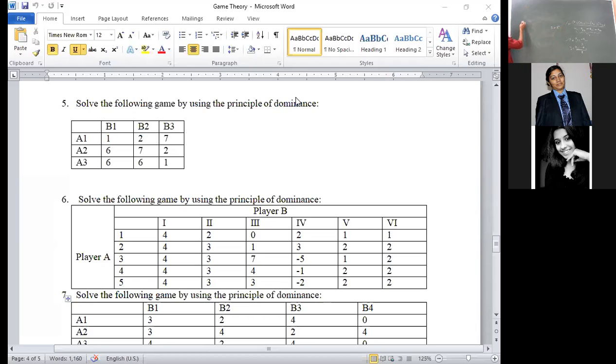Then row wise, the ith row is compared with the jth row. For example, 5 by 5: A1, A2, A3, A4, A5. Similarly, B1, B2, B3, B4, B5.